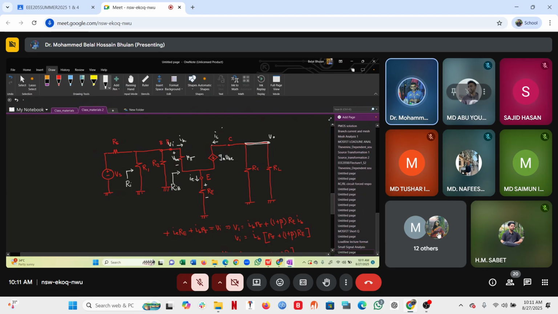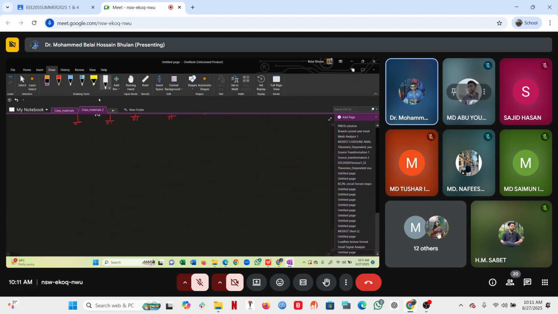So let's say the current flowing here is I0. I can write V naught as I naught times RC parallel RL.